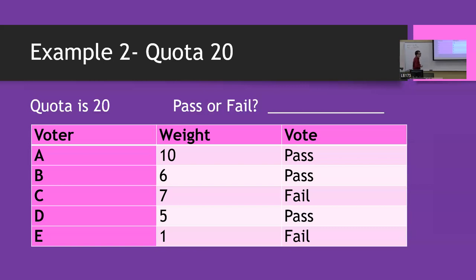So A, B, D vote to pass. Now, the motion's going to pass in this case.